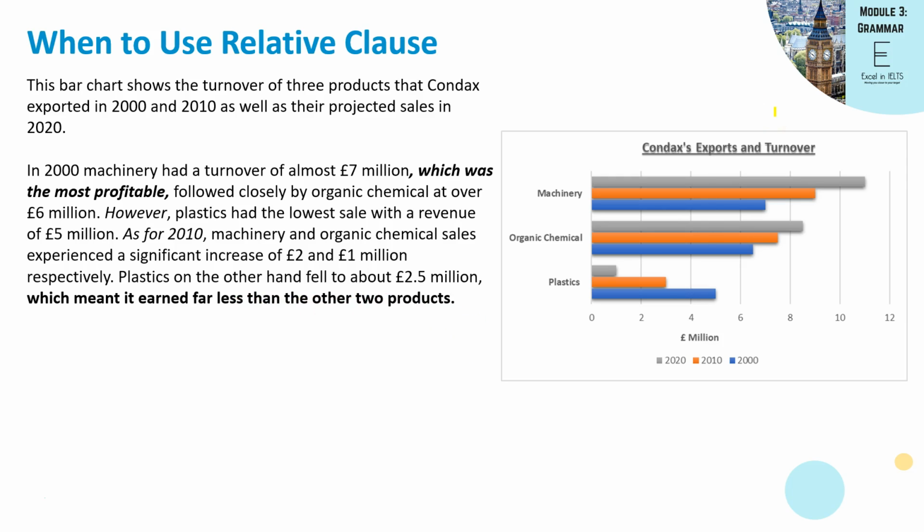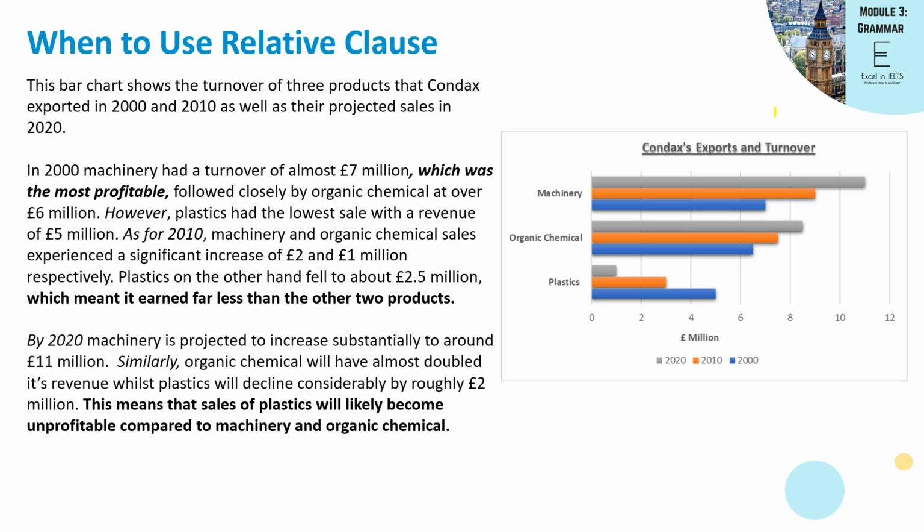There's another way you can comment on data without using a relative pronoun, and that's by doing it this way. So you can use this expression over here. This means that. And I've decided to add a comment about plastics' profitability.